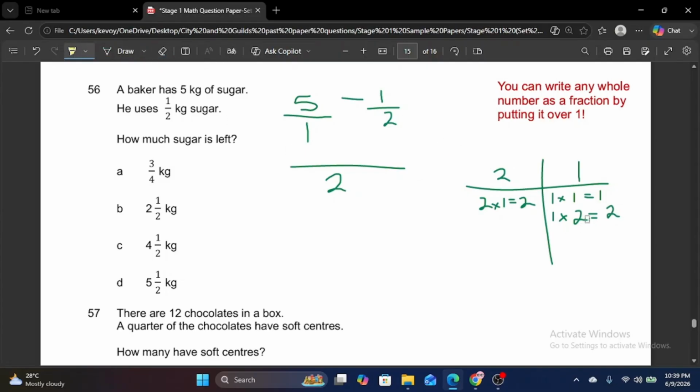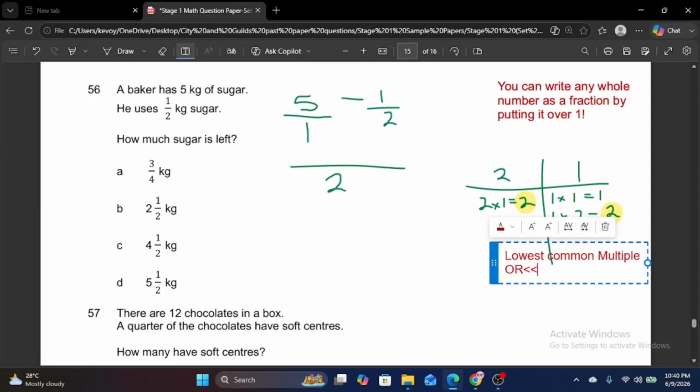So therefore, that 2 right there, that's going to be our lowest common multiple.